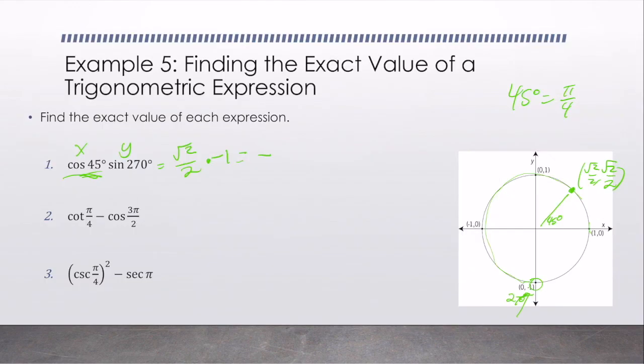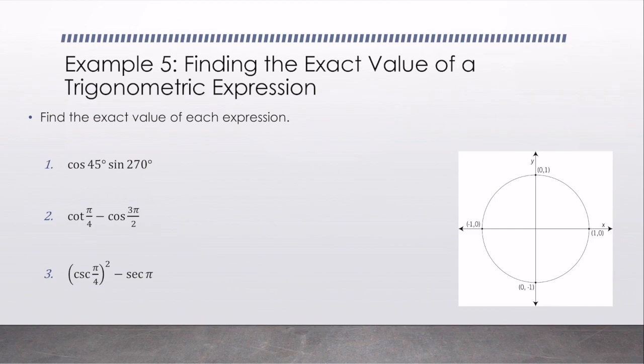So let's go over some examples where we can find the exact value of trigonometric expressions. I know that at 45 degrees, which is pi over 4, I have the point square root of 2 over 2, square root of 2 over 2. That's one of the key points we need to learn and remember on our unit circle. So if I have the cosine of 45 degrees, remember cosine is x, so that's going to be square root of 2 over 2.